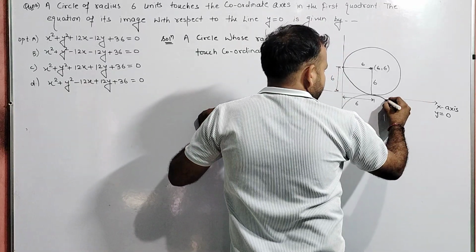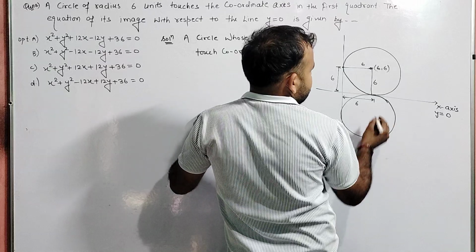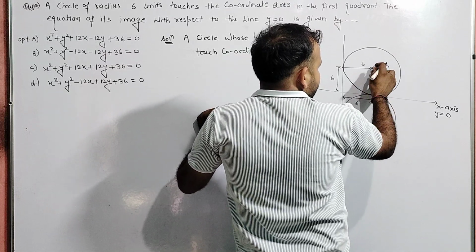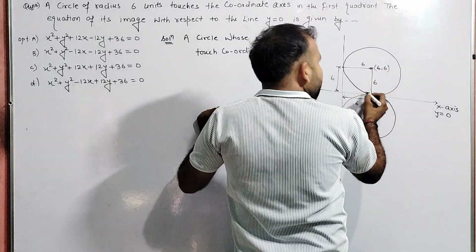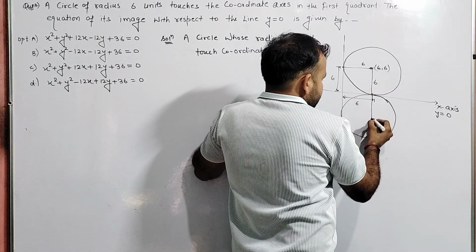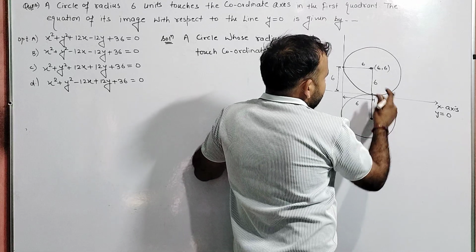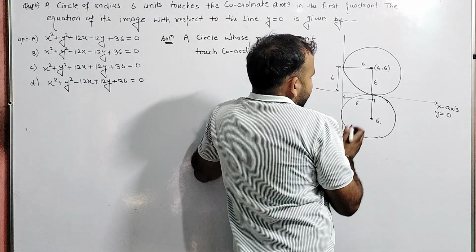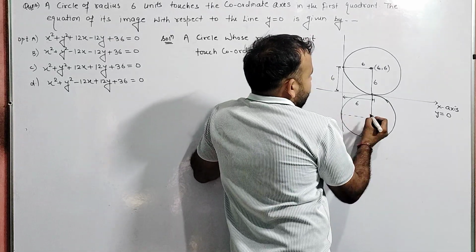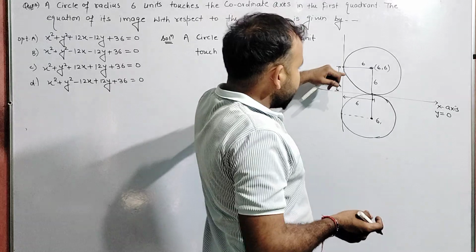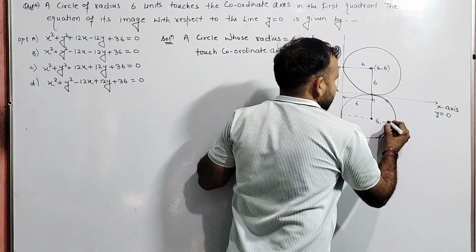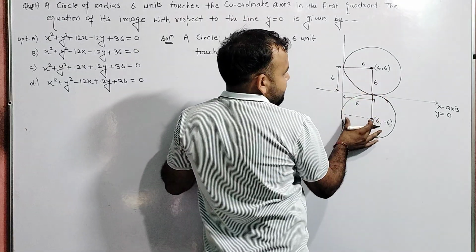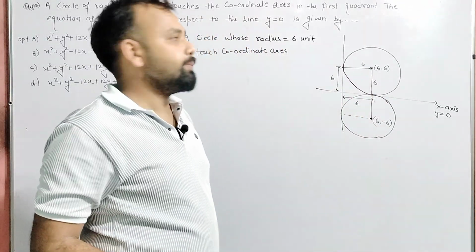Understand student? This is the circle, and we know that this is the touching point. So we can say that the center of this circle is this. The value of x remains the same, so x is 6, and y is below the x-axis so it is negative, so this will become minus 6. And the radius in both scenarios is 6.